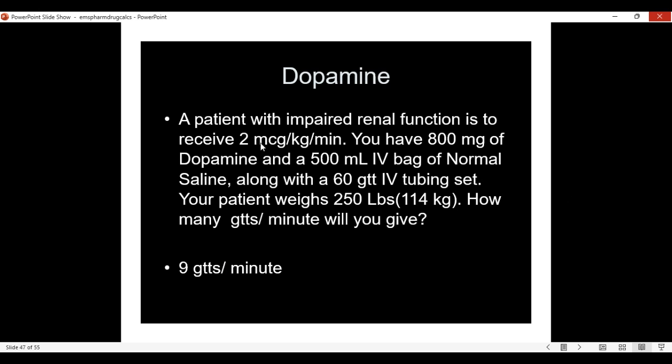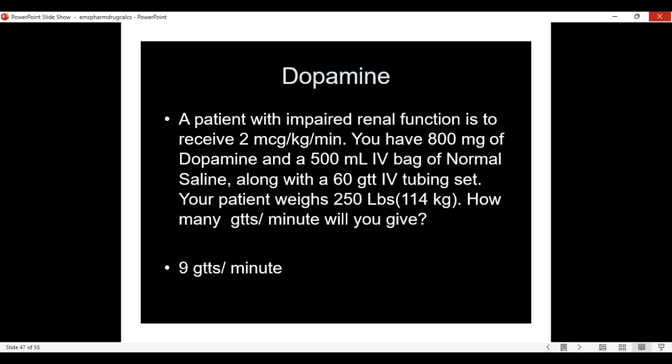We're going to take 2 micrograms times the kilograms. We're going 2 times 114. Then we're going to times our drop set, which would be 60.